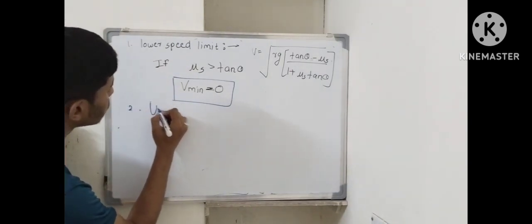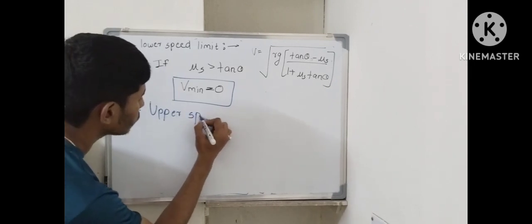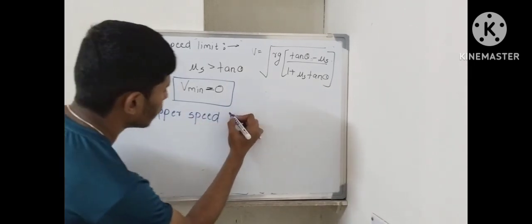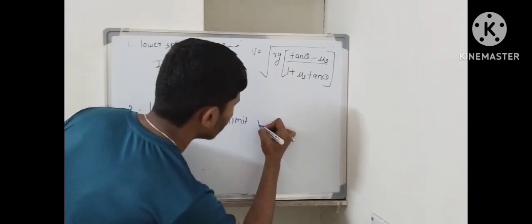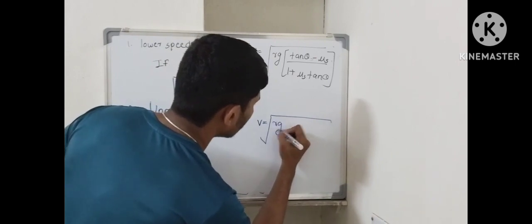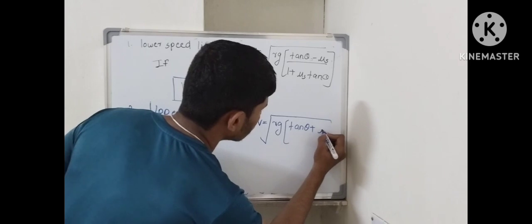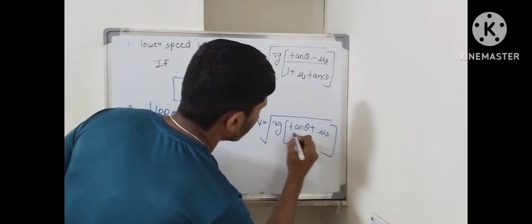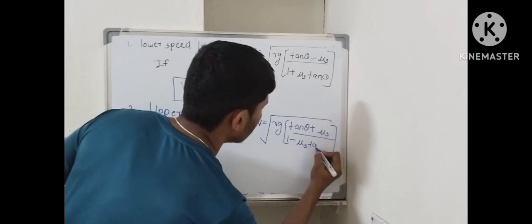The second one is upper speed limit. What was the formula? V is equal to under root rg into tan theta plus mu s upon 1 minus mu s tan theta.